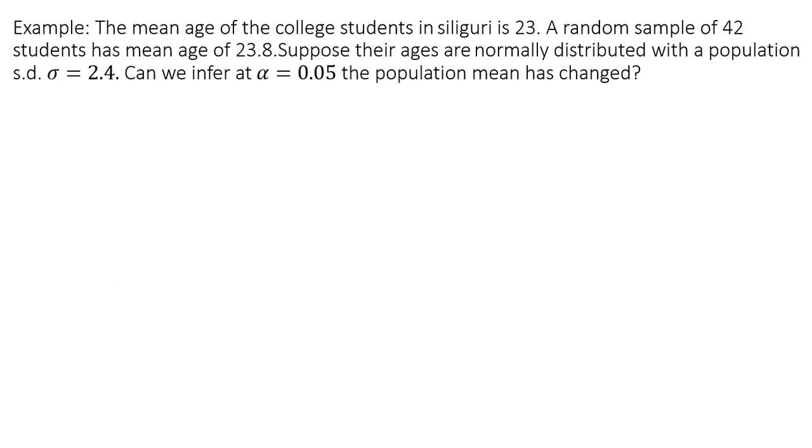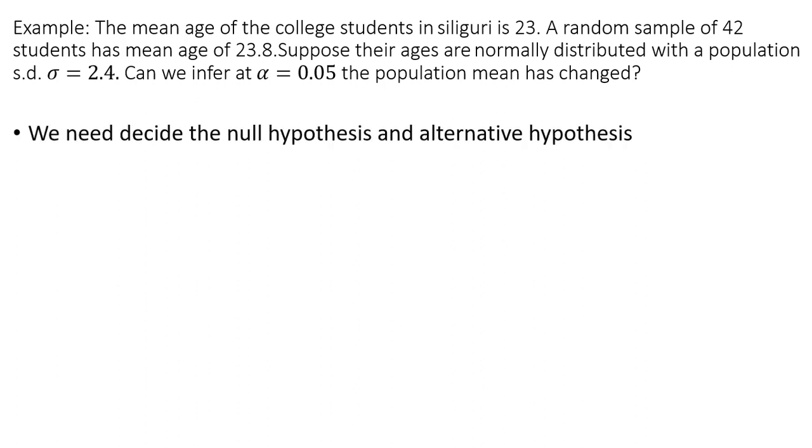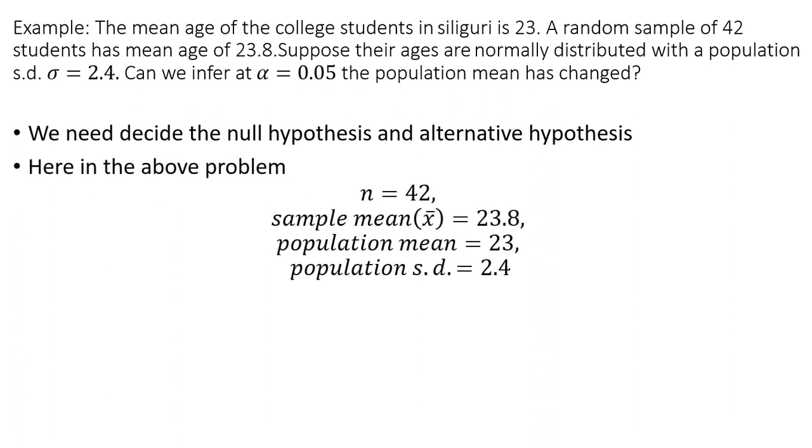Remember the fact. So what is given to you? First of all you need to decide what the null hypothesis is and what your alternative hypothesis is. So here, according to the problem, n will be 42, very large. It is greater than 30.